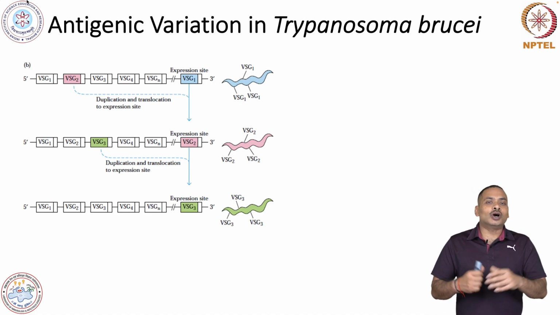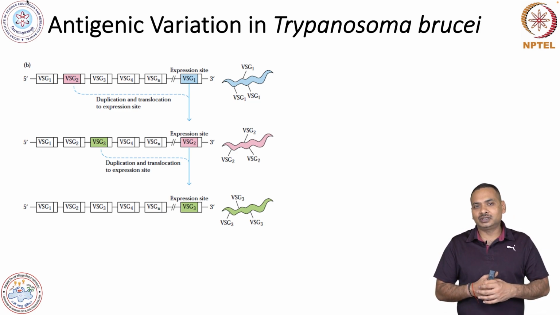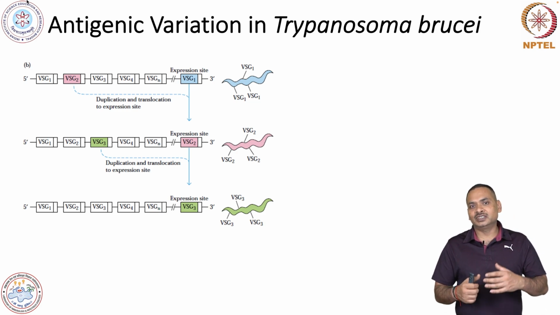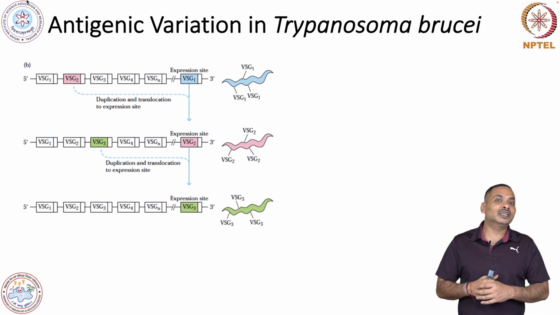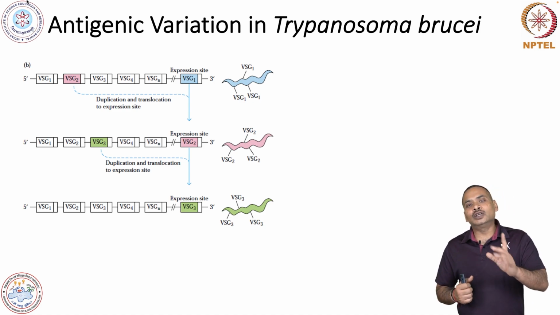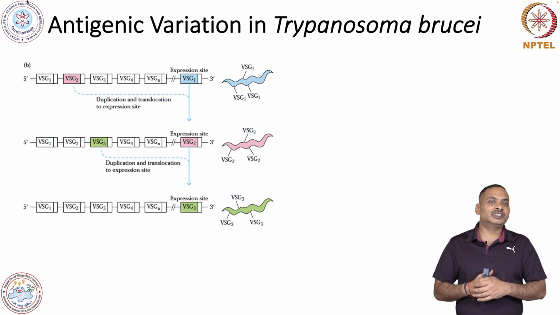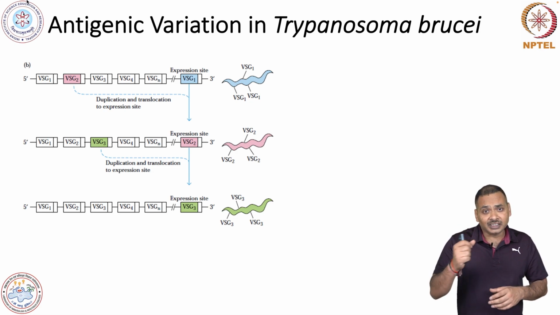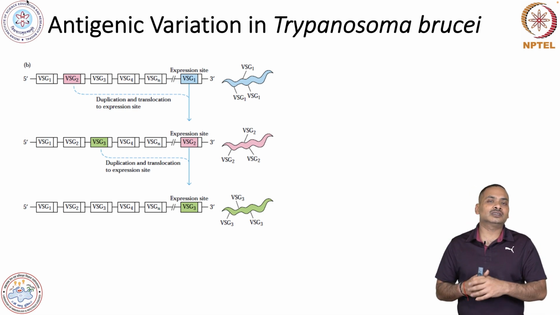Our immune system is quite efficient in clearing this parasite. However, our immune system cannot clear 100%. Still 1%, or a very small fraction, will remain, and that small fraction will change the variant surface glycoprotein.